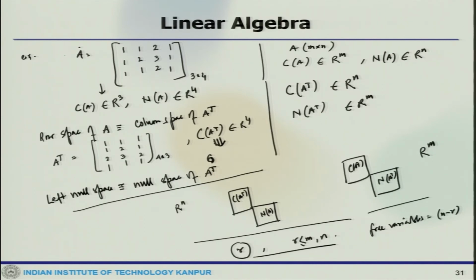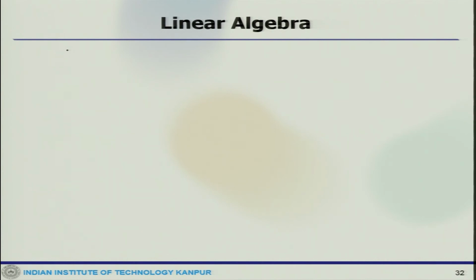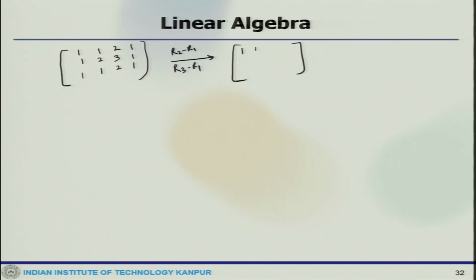So, let us take this example and look at these different fundamental subspaces. We have 1 1 1, 1 2 1, 2 3 2, 1 1 1. What we need to do is the elementary operations, let us say R2 minus R1 and R3 minus R1. So, what we get is 1 1 2 1, 0 1 1 0, 0 0 0 0.